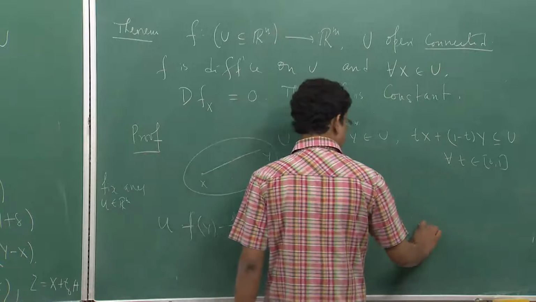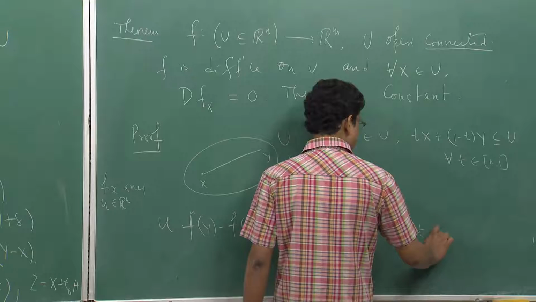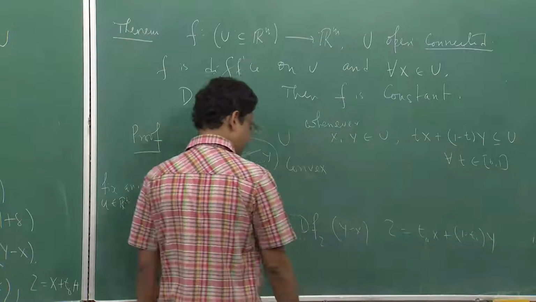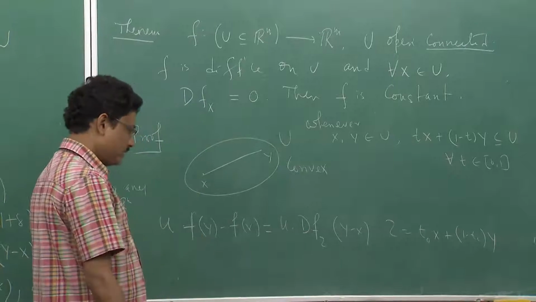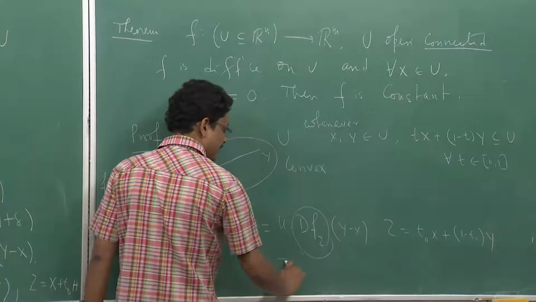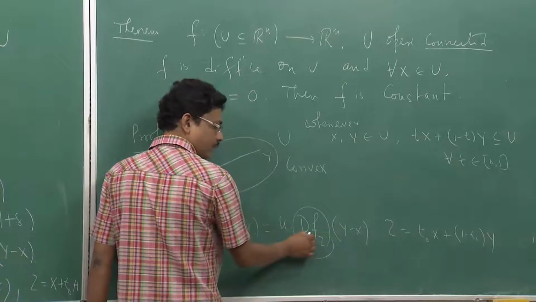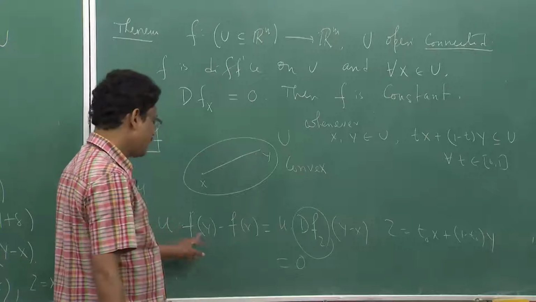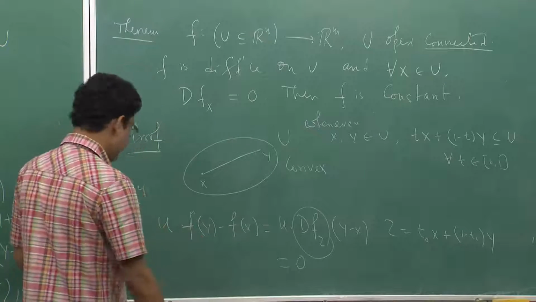So z is of the form t naught x plus (1 minus t naught) y, just what we proved. But this fellow is the zero matrix operator. So this side is the inner product of 0 with u, which is still 0. So u dot f'(z) is 0 whenever I fix u.